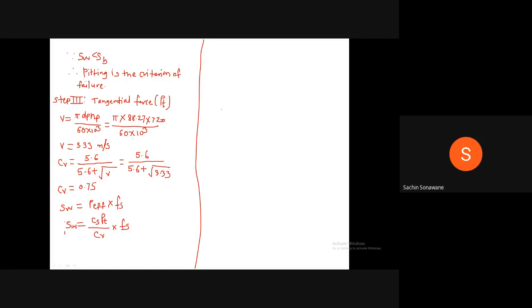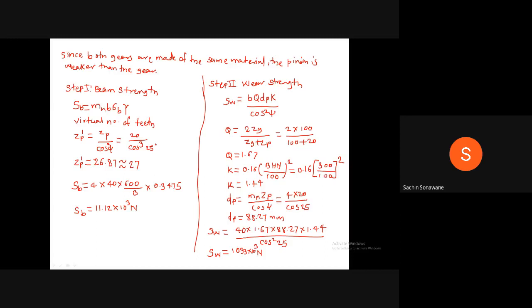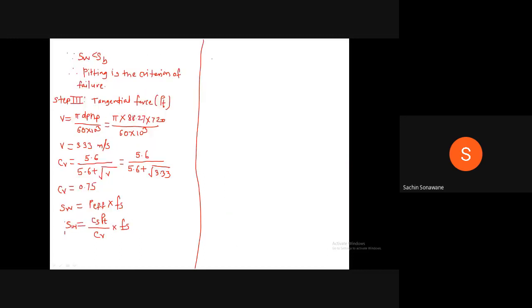Therefore, substitute the values. 10.33 into 10 raised to 3 is equal to 1.5 into PT into 2 divided by 0.75.